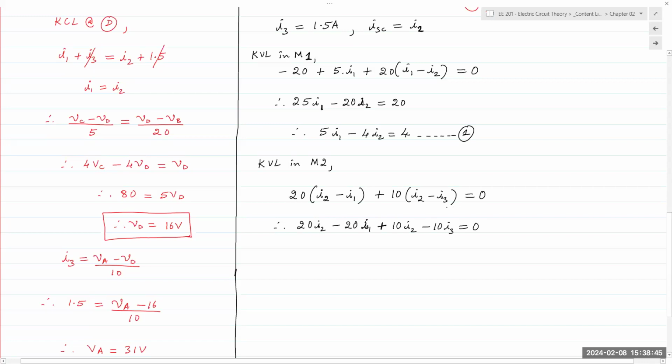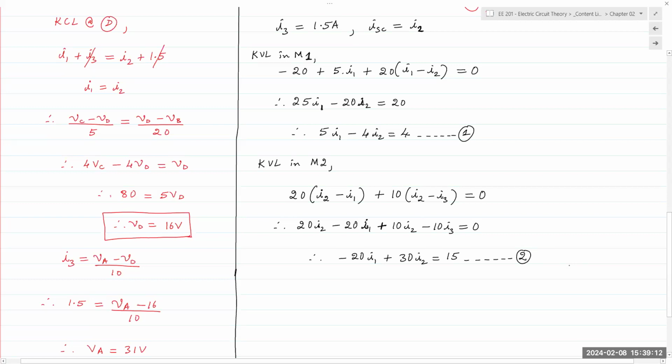Now, I3, of course, is 1.5 amps. So that comes out to be 15. I rearrange the terms, take 15 on the other side, and I can write minus 20 times I1 plus 30 times I2 is equal to 15. And I'm going to call this equation 2.